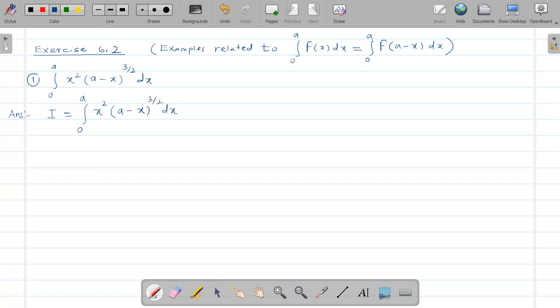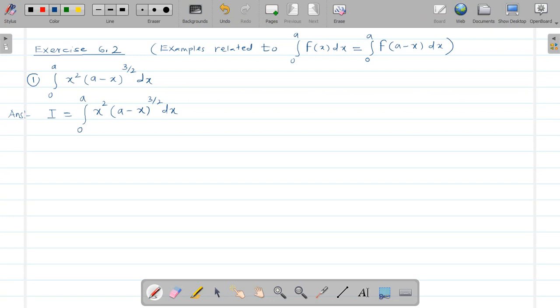This function is complicated because the bracket a minus x is raised to 3 by 2. It is quite difficult to expand because the index is fractional, and the limits of integration are from 0 to a, so this property is applicable here and it can be simplified.